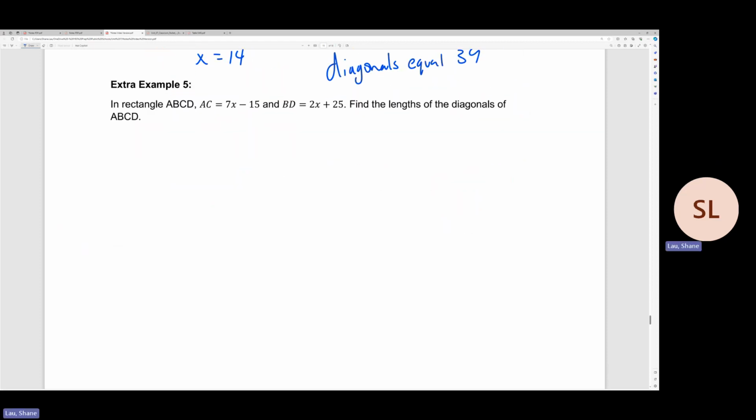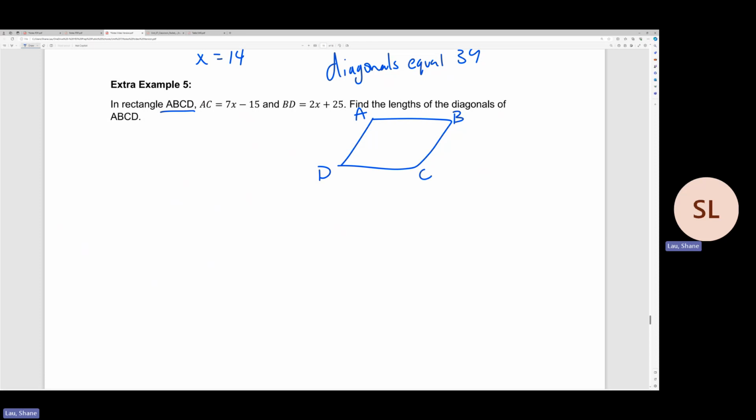And this is pretty much the same problem, but you gotta make sure you're drawing the picture. It says rectangle ABCD. Something that's very important to know is that if it tells you a specific order like ABCD, you better follow that order: A, B, C, D. How I've always found it is clockwise.